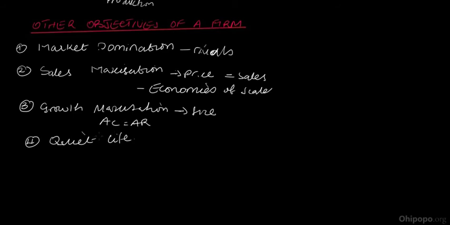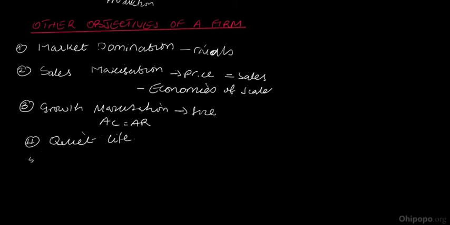Why would they do so? Because maybe they are satisfied with the level of profit that they are making at the moment than what they could have earned if they adopted more intensive policies. So they might be contented with the profit that they have rather than putting more effort to make much other profit.